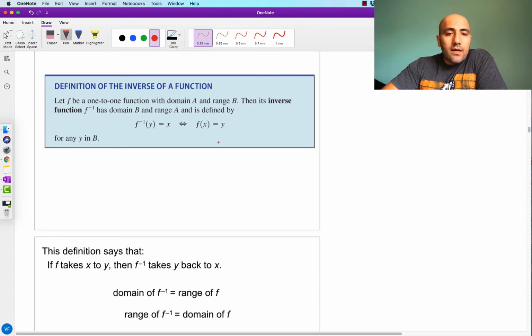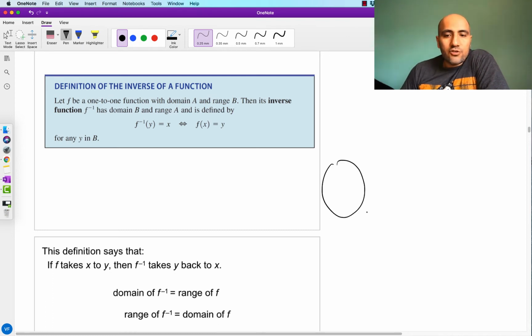Okay, so think about the jelly bean diagram of what we're trying to do. We have some function f, and maybe we have the domain here, domain of f, and then it's leading you to some range of f.